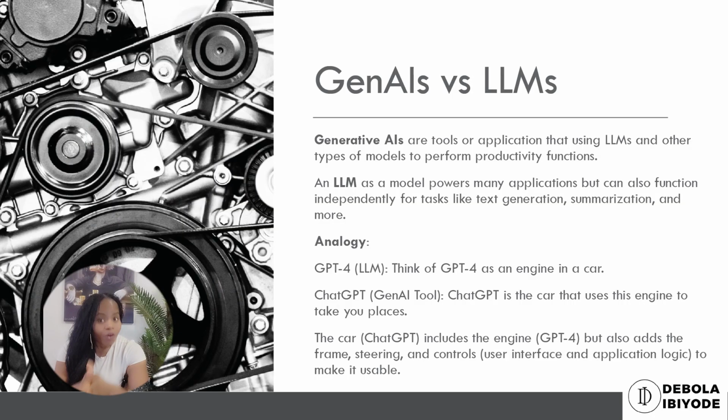Okay, so it depends on what the Gen AI tool's function is. I've used ChatGPT because its function is to respond in human-like text. So ChatGPT is the car. GPT-4 model as an LLM is the engine. Now, just so we're clear, some people have referred to GPT-4 as a Gen AI tool.